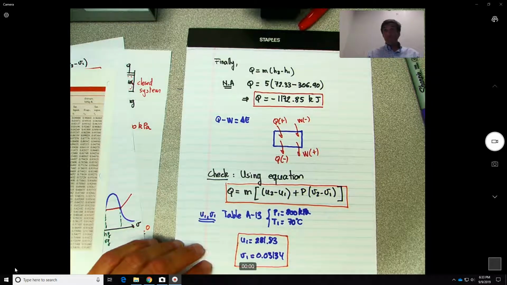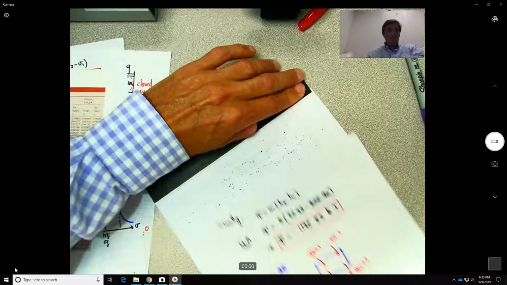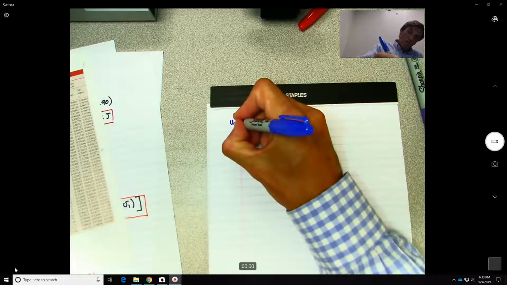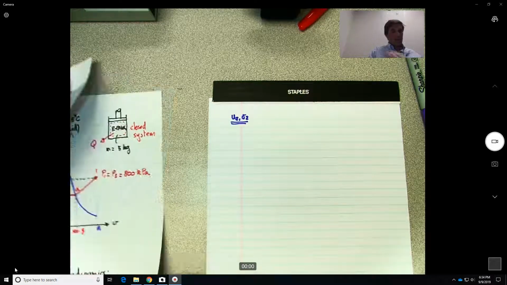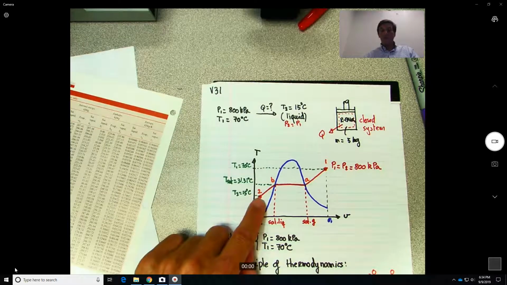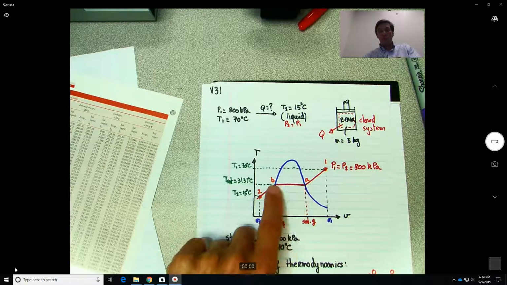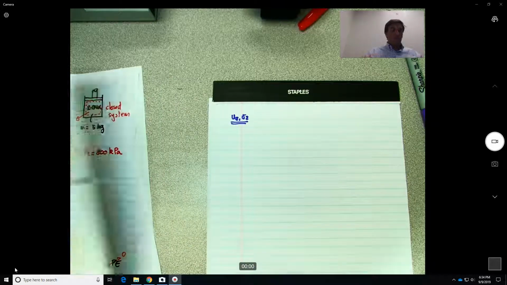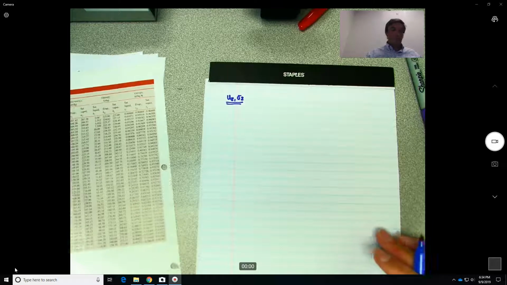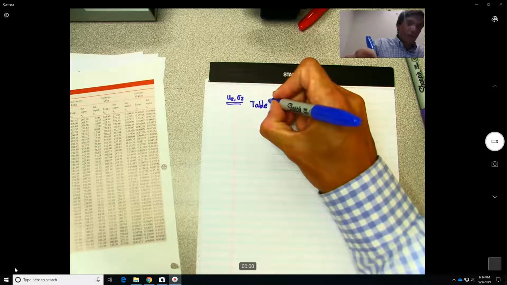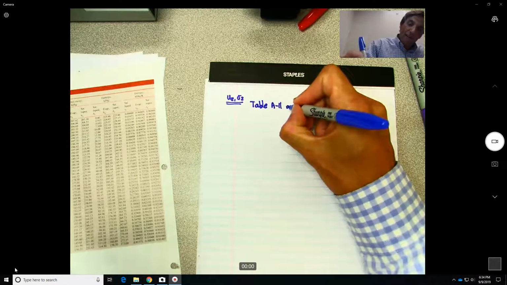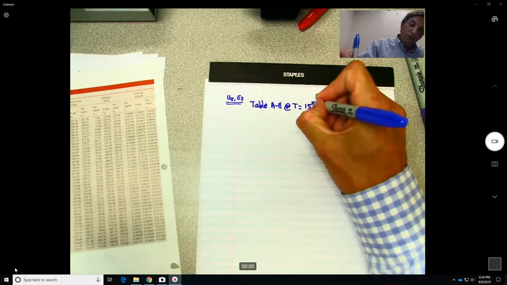Okay, so now do something similar. For U2 and V2, once again, we are in the liquid state. We don't have tables for the liquid state, so we go to the saturated liquid and we approximate at that point. We need to do that interpolation between 14 and 16, so we look at table A11 at the temperature 15 degrees Celsius.